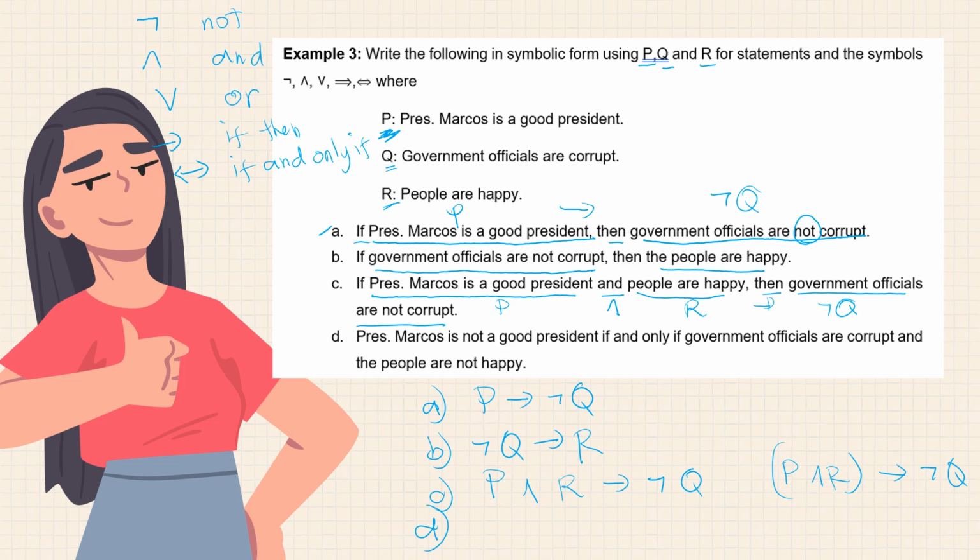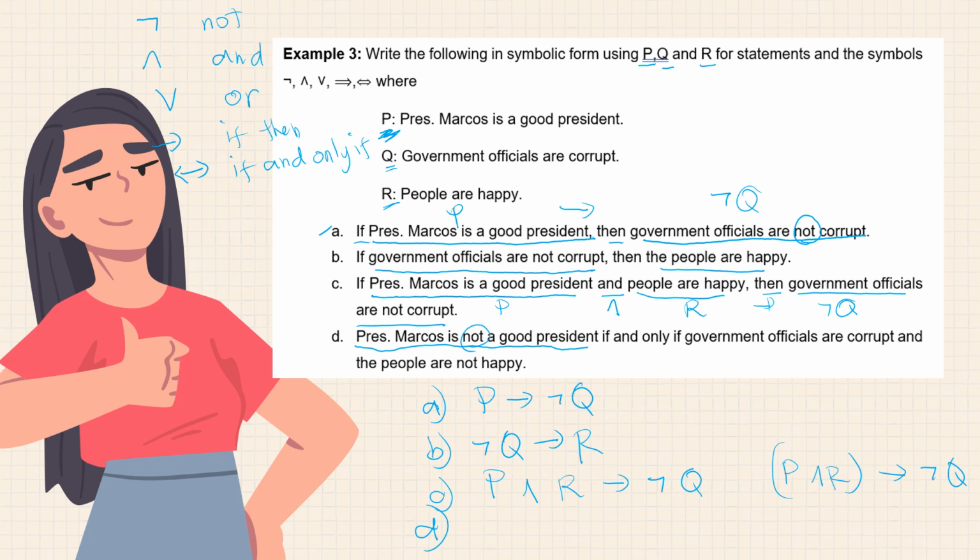Letter D. President Marcos is not a good president if and only if government officials are corrupt and the people are not happy. So, President Marcos is not a good president.